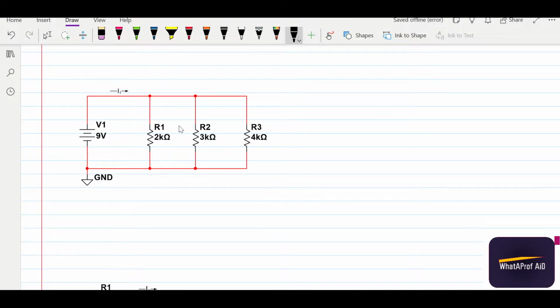So first we can get the total resistance, the effective resistance produced by the three resistors. So R total equals to R1 to R2. This can also be written in this way, where 1 over R total equals to 1 over R1 plus 1 over R2 plus 1 over R3.